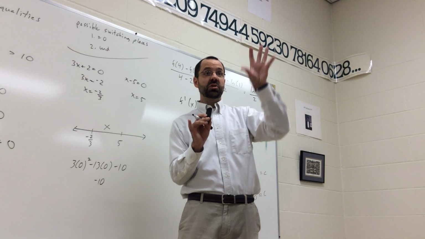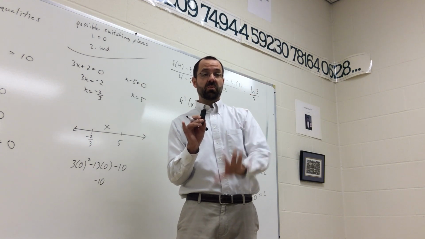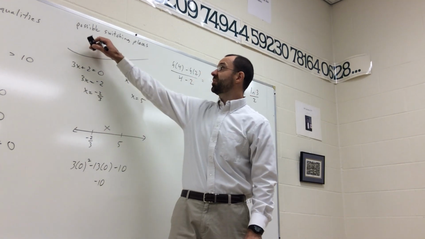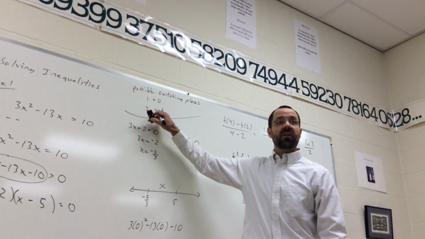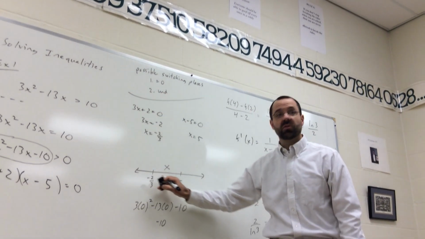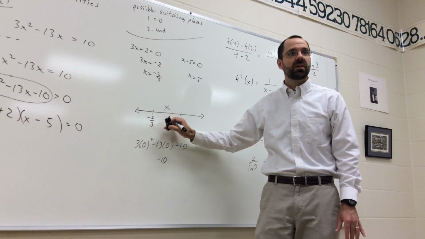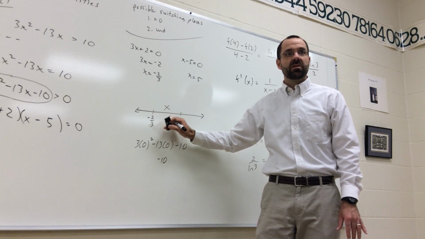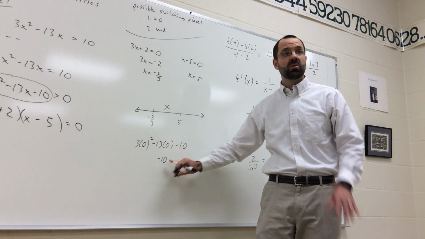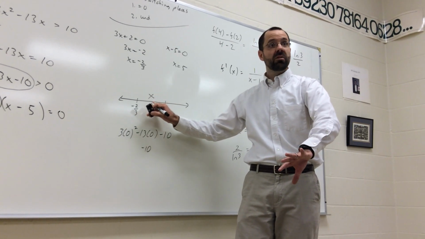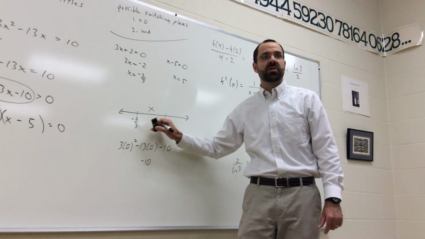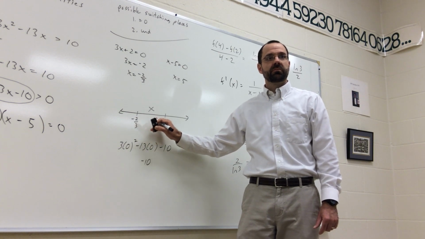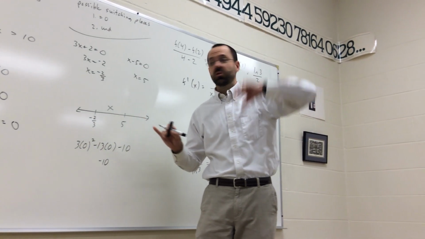Because the only way it can switch from above to below is crossing 0 or being undefined. And during this interval, it doesn't cross 0. And it's not undefined. So if it's below for 0, it has to be below for all of those numbers because it didn't switch during that.